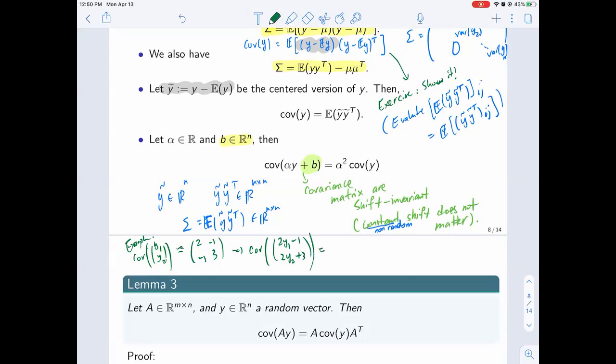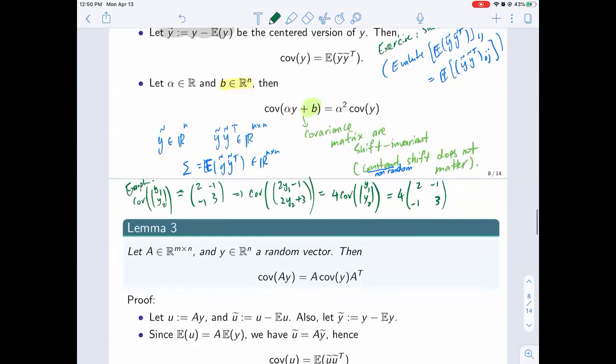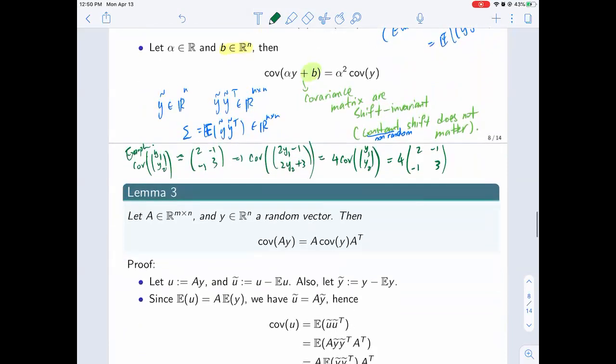What would this mean? Just 4 times that entire matrix. Yes, so this is only 4 times the covariance of y1, y2, which is just 4 times 2, -1, -1. Okay, this is an application of that. So you can come up with many other examples. Questions?